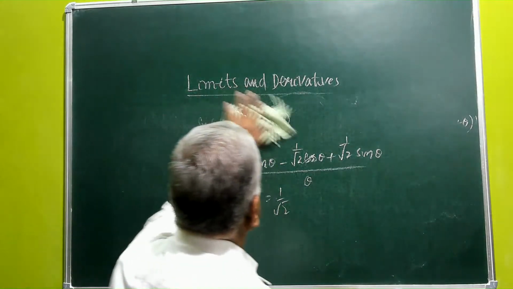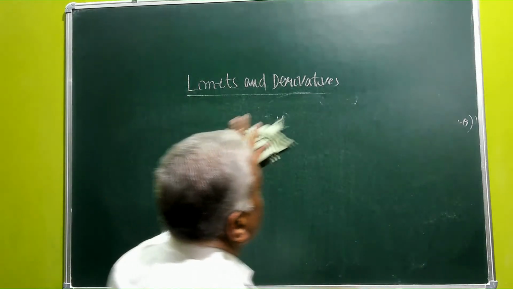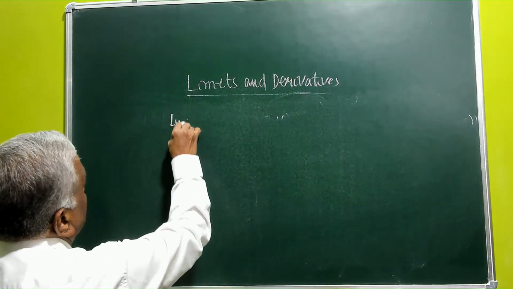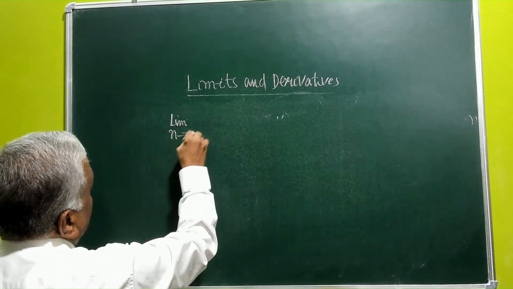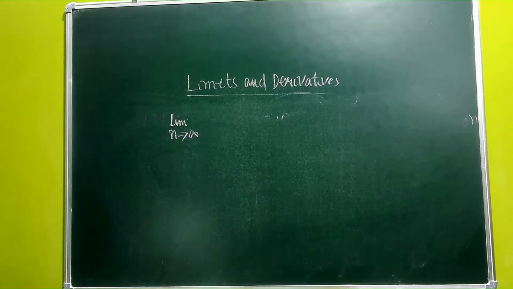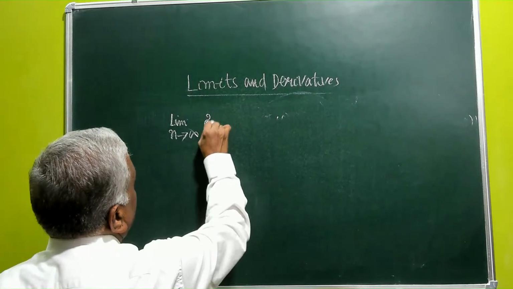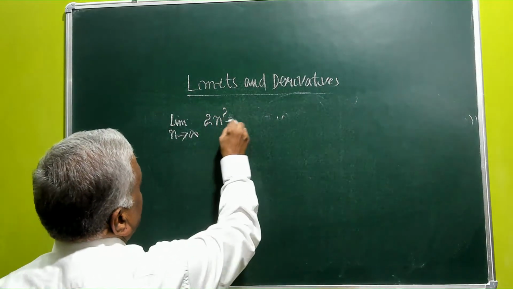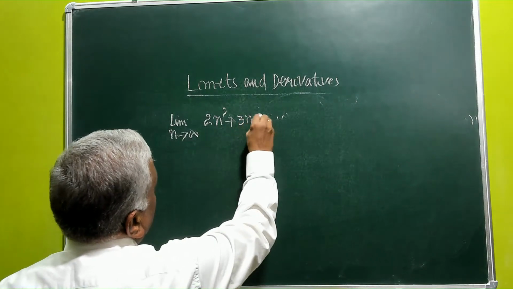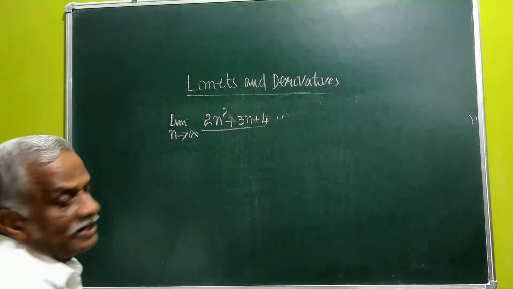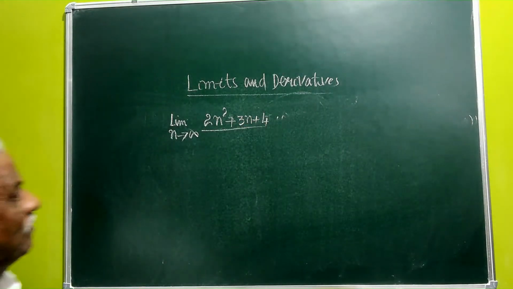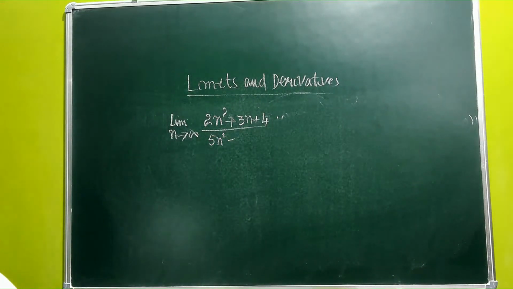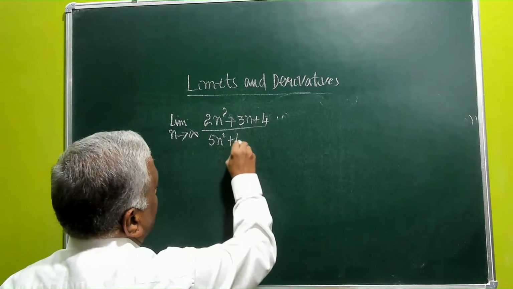There are problems of limit n tends to infinity, (2n square plus 3n plus 4) divided by (5n square plus 4n plus 2).